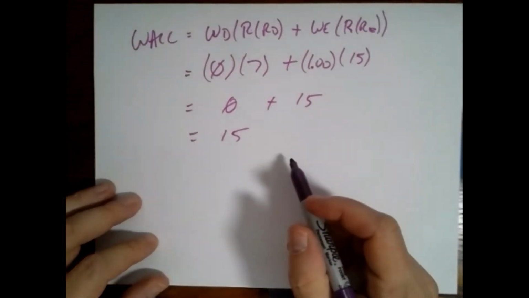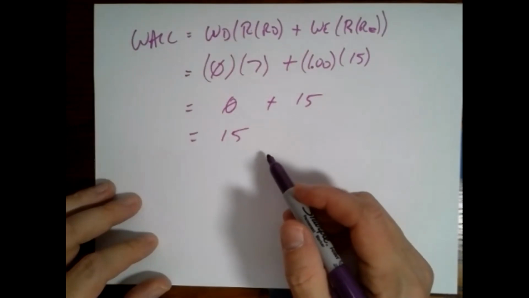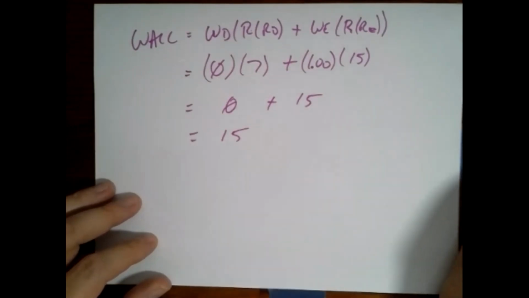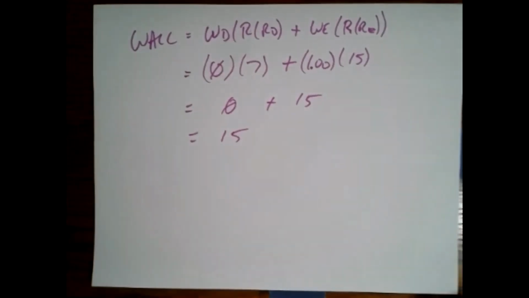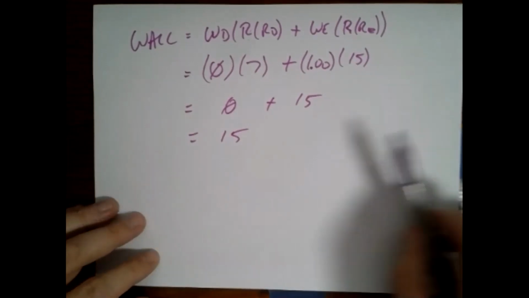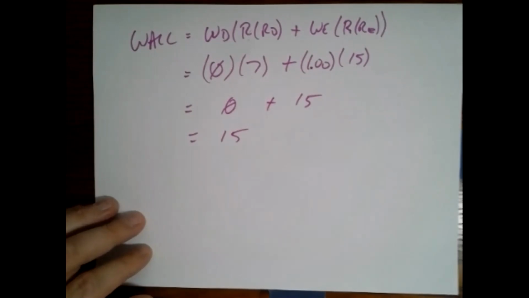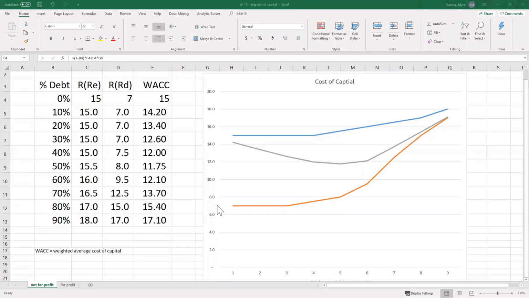So if we have a 15% discount rate or hurdle rate, that's a pretty big number, right? Your investment's got to do really, really well in order to get over that 15% hurdle. So let's flip back to our discussion here. At 0% debt, the weighted average cost of capital is 15.